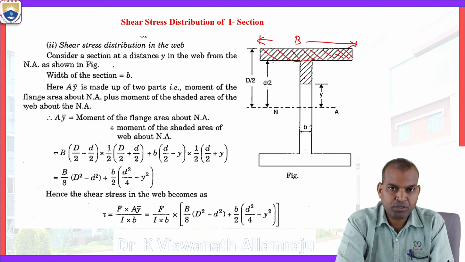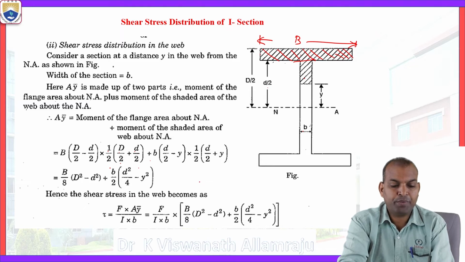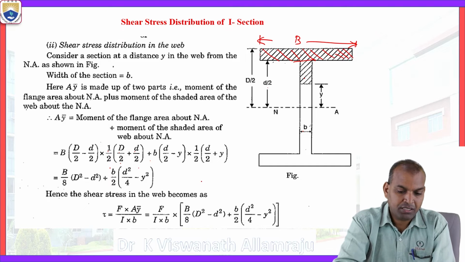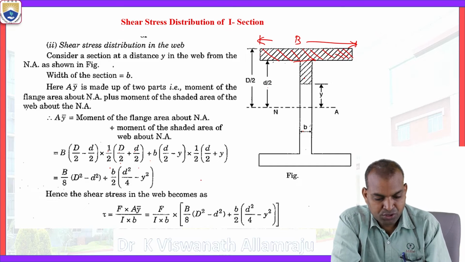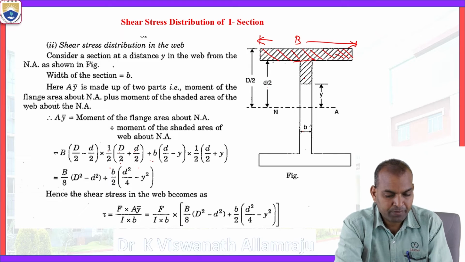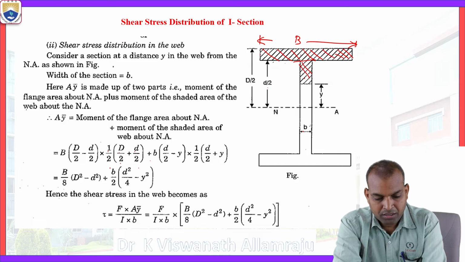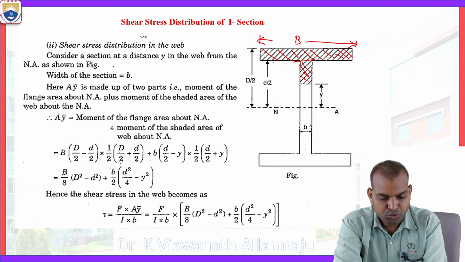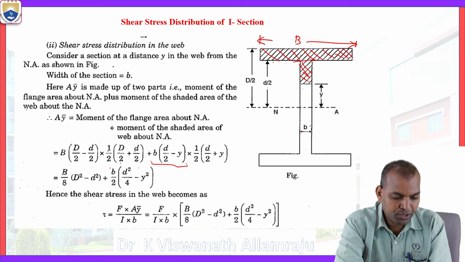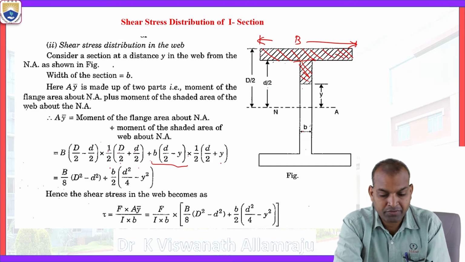Y bar is 1 by 2 times (capital D by 2 plus small d by 2), plus the moment of area of the web about the neutral axis. The web area is b times (small d by 2 minus y) into its y bar.